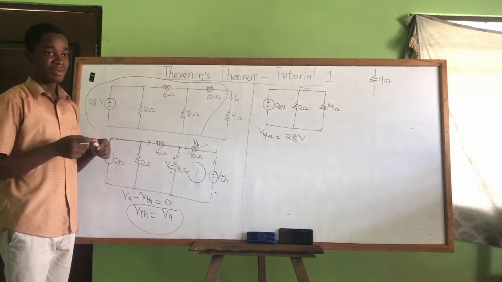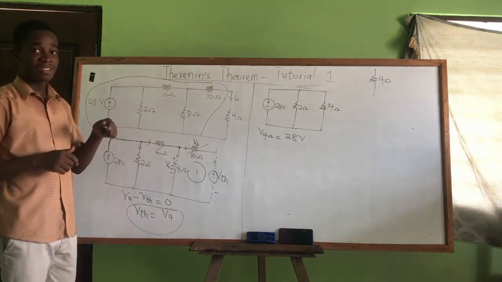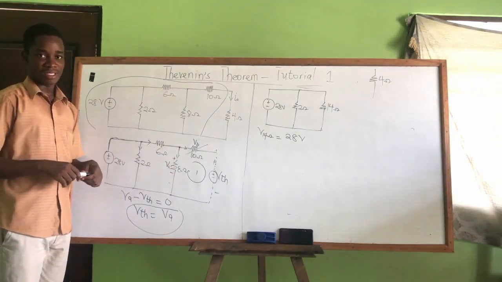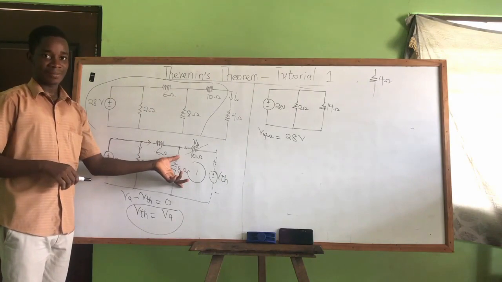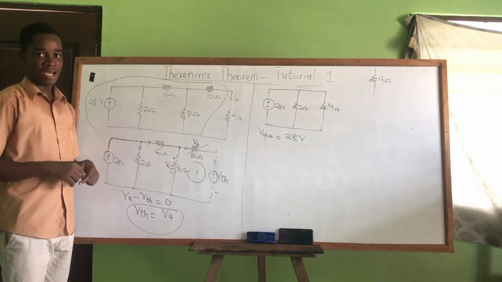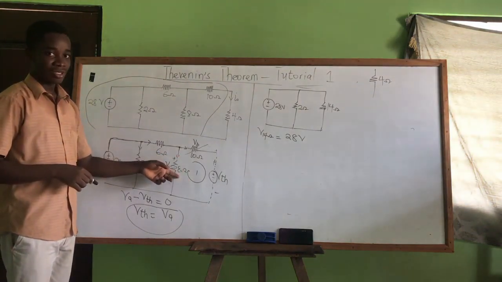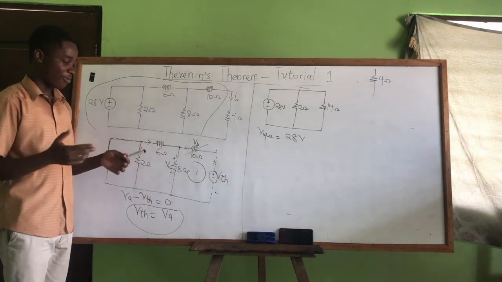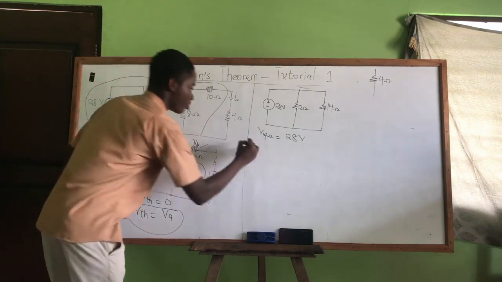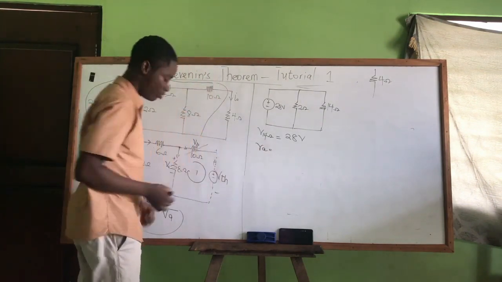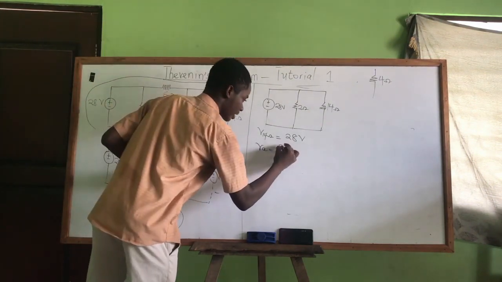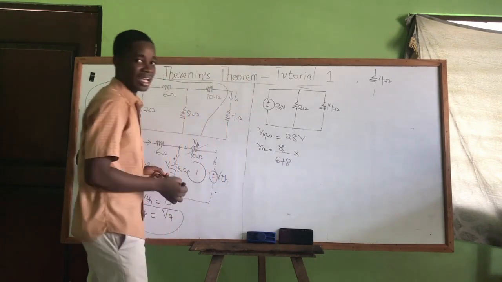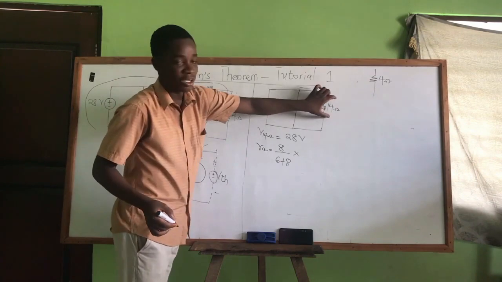So if it is in series, it means I can apply the voltage divider rule to get the voltage for either of these two resistors. But I'm interested in the 8. So I'm going to use the voltage divider rule between 6 and 8 to get the voltage for the 8, which is my VA, because I've called that voltage VA. So my VA is going to be 8 over 6 plus 8 times the voltage they are sharing, which is the voltage for the 14.